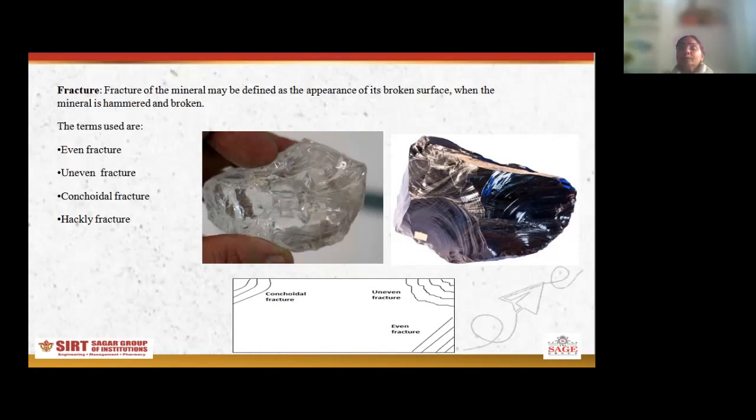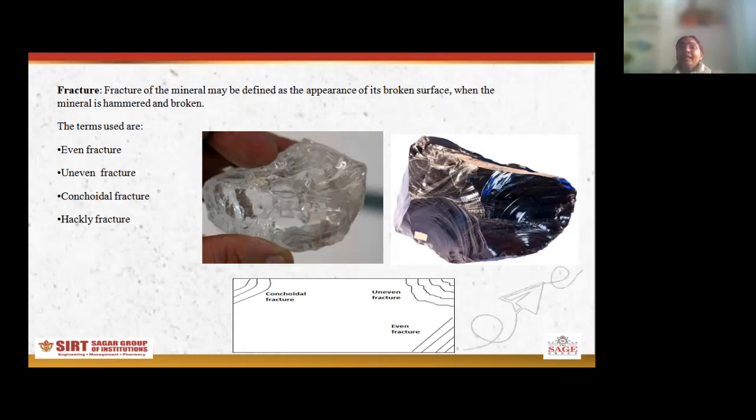Whenever you see glass, the edges of glass have concentric fractures. You might have seen many times that glass always gives conchoidal fracture. And hackly fracture is given only by native minerals.